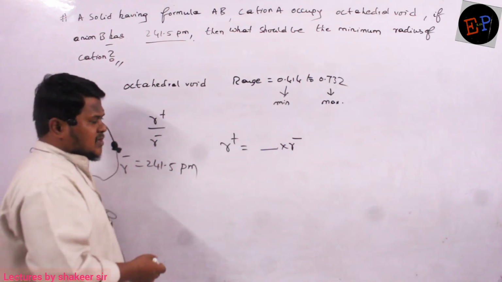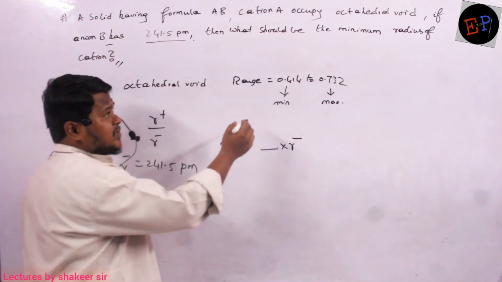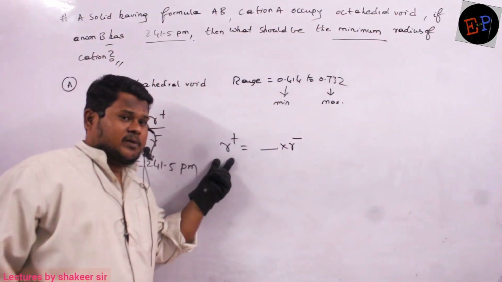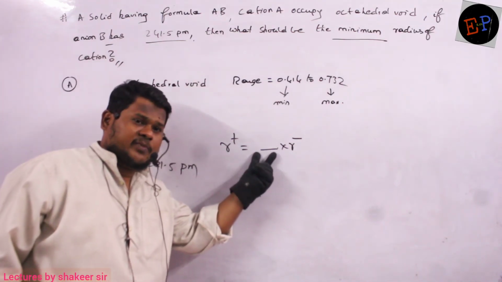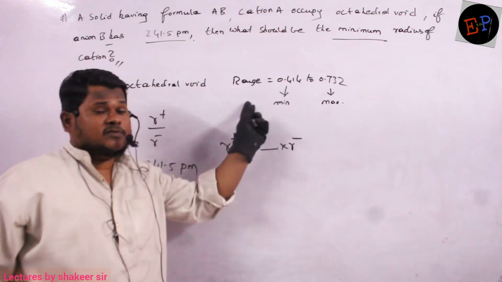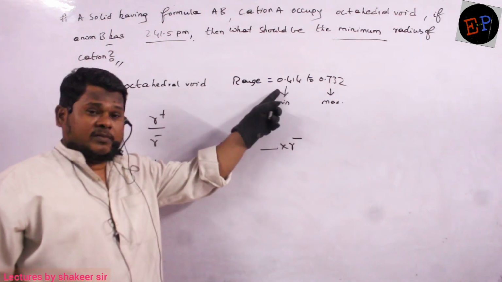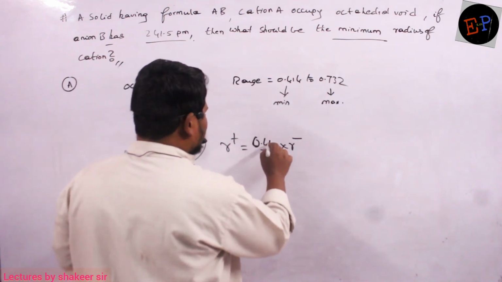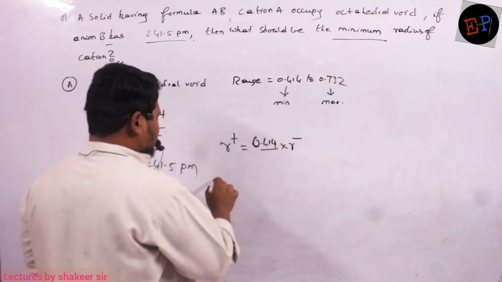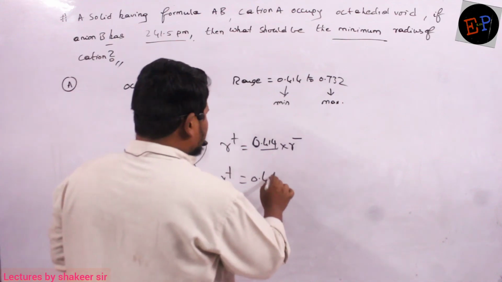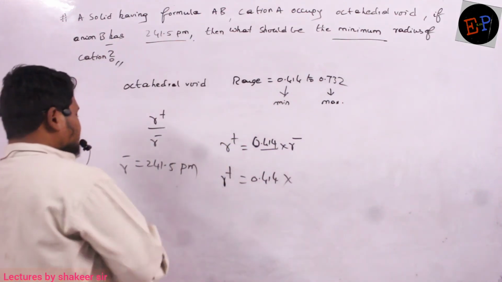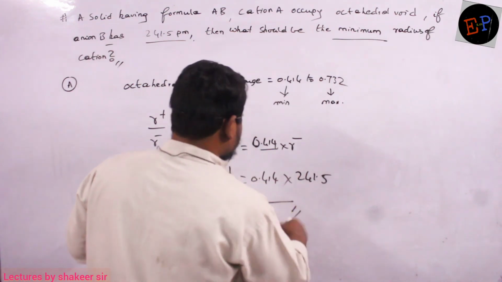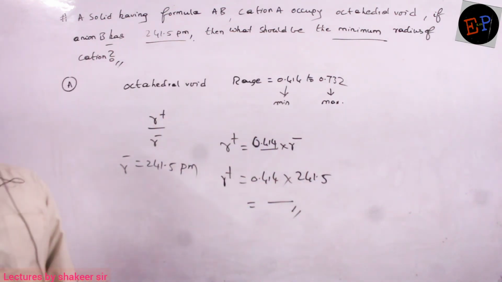Since he is asking for the minimum value of cation, the value here should also be minimum. So out of these two, which one shall I select? The minimum, 0.414. So just substitute. R plus equals 0.414 multiplied by the radius of anion, 241.5.